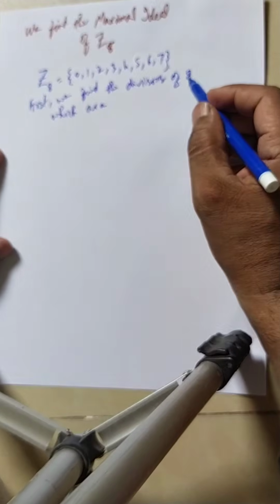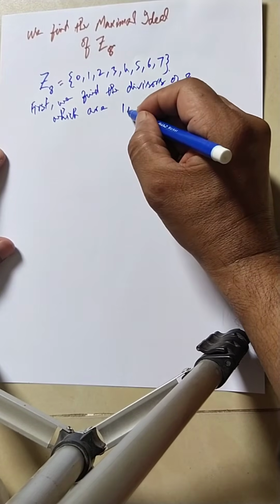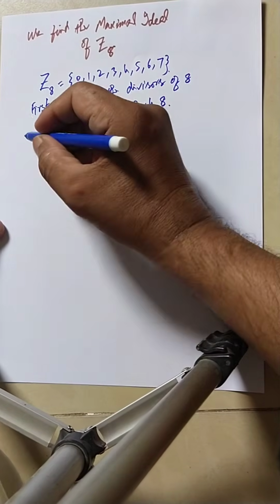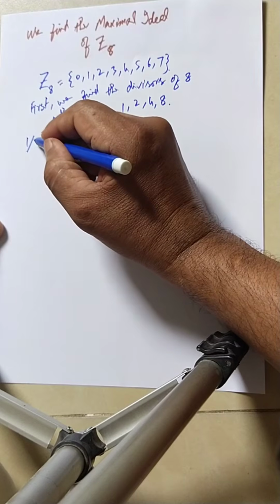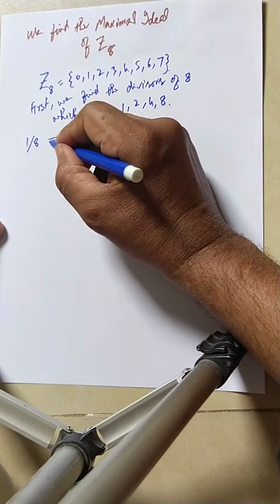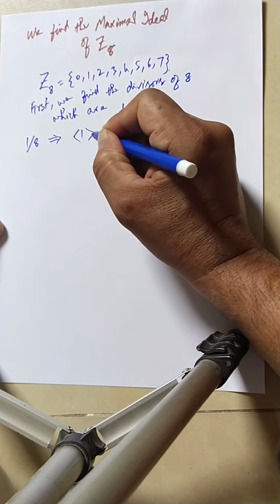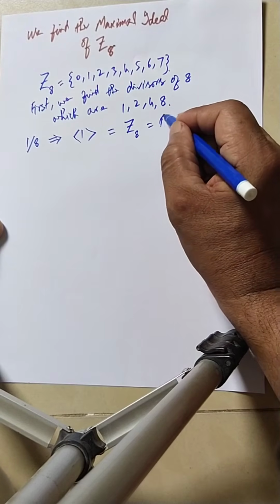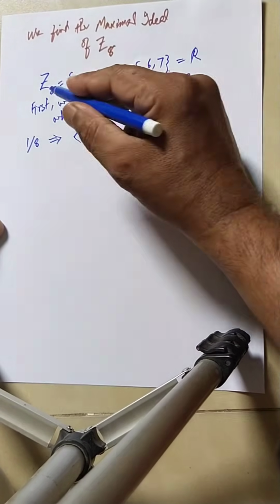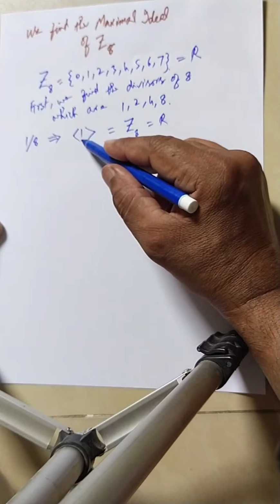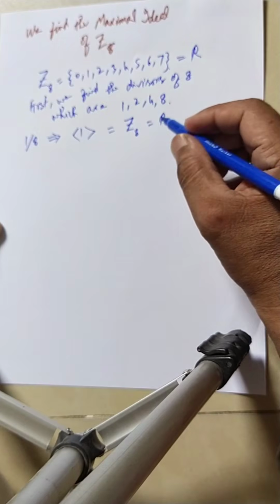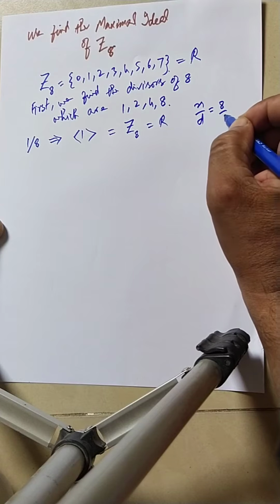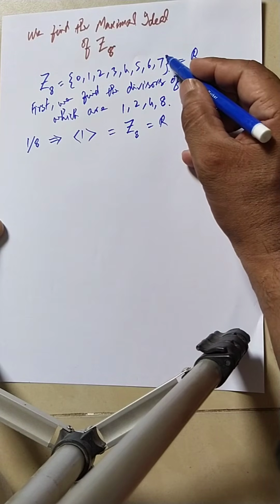But first we find the divisors of 8: they are 1, 2, 4 and 8. 1 divides 8, so the ideal generated by 1 is the identity, and we know it is the ring itself, Z8. Its order will be n by d, 8 by 1, 8 elements, and Z8 contains 8 elements.